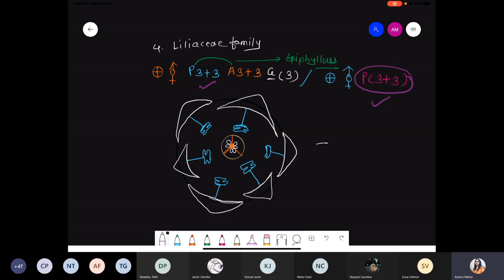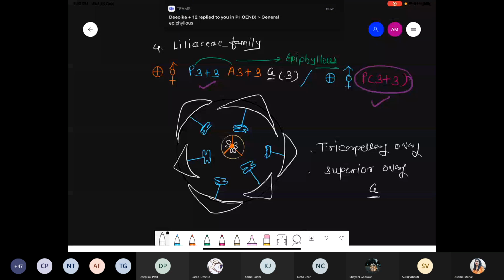So the ovary is tricarpellary, 3 compartments are present. Another one, the ovary position is superior ovary. And superior ovary is represented by capital G with a bar below.